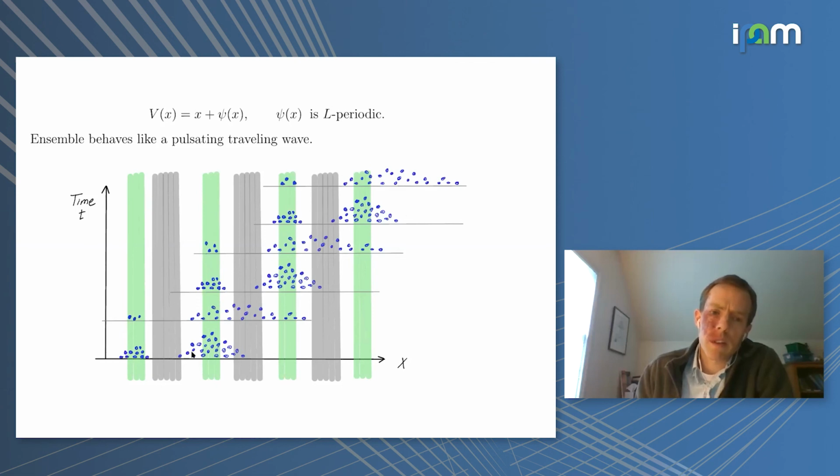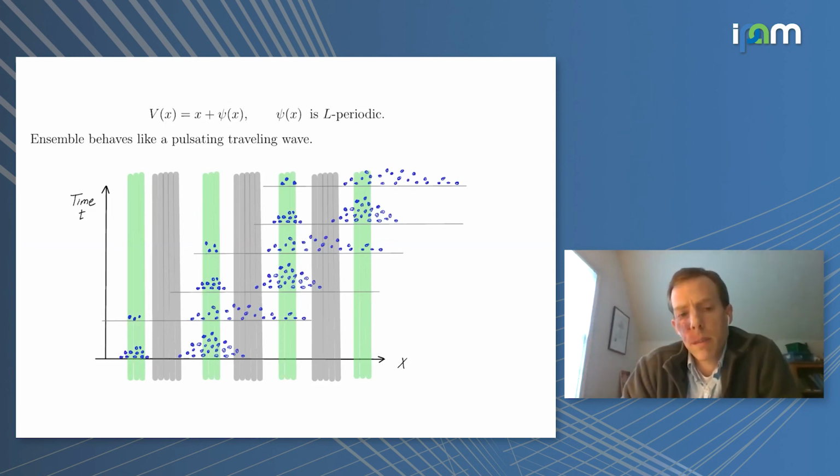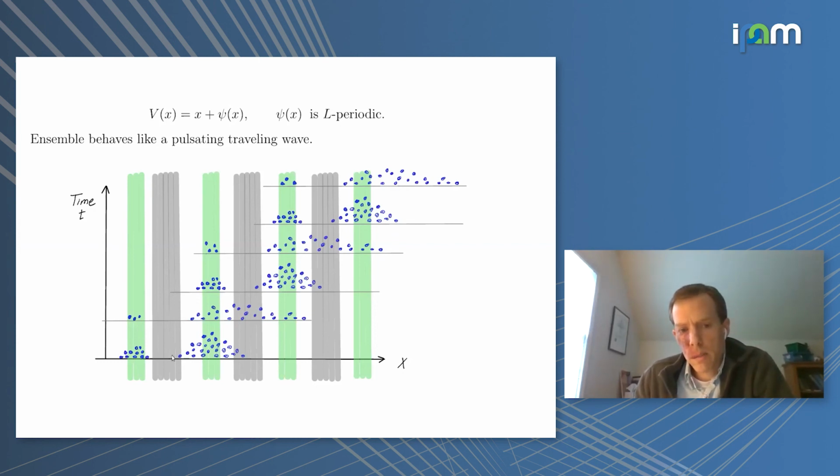So what you find is that particles for fixed n may move like a kind of pulse traveling wave. They can get stuck in a well for a little while, then eventually some particle wanders over to another well. Meanwhile, the particles in the back are selected, and this process continues.